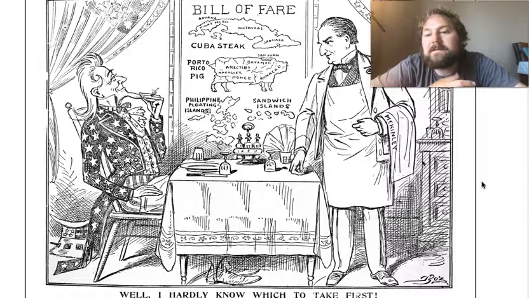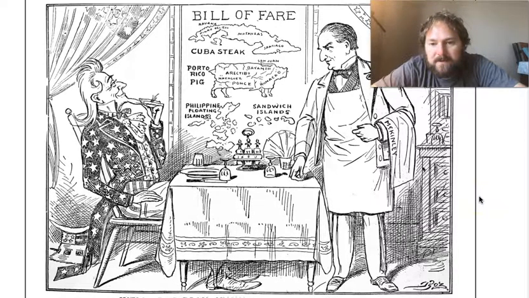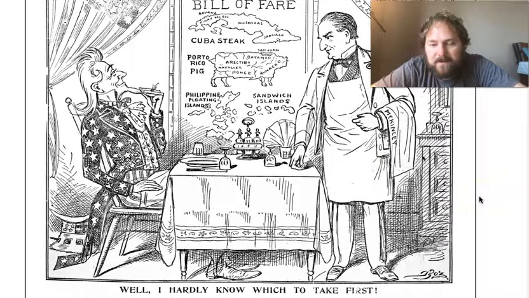Okay, well, that doesn't say anything. This is talking about us really taking possession of a lot of other countries as a result of the Spanish-American War. It's a clear reference to that kind of involvement. Okay, so that is kind of going deep into a document.